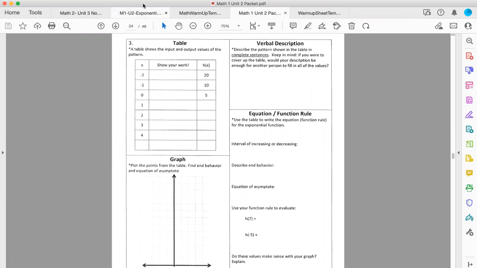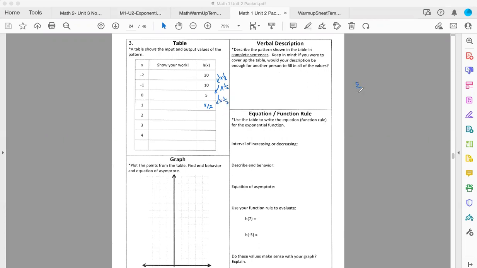Notice that my numbers are going to be halved from 20 to 10, that's multiplied by 1/2. From 10 to 5, that's multiplied by 1/2. Which means from 5 to the next number is going to be multiplied by 1/2. So that's 5 halves. Then how do you multiply by half again? Think about it this way.